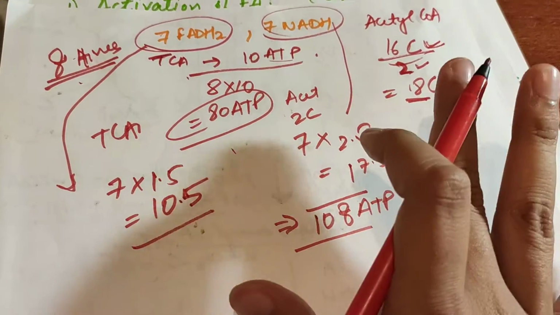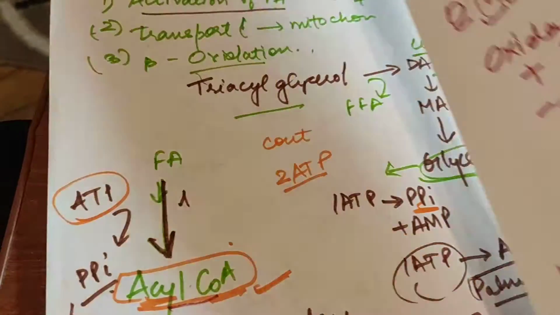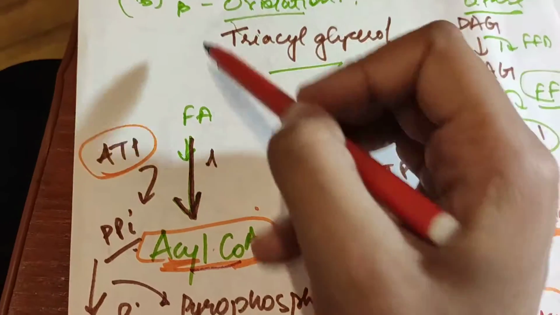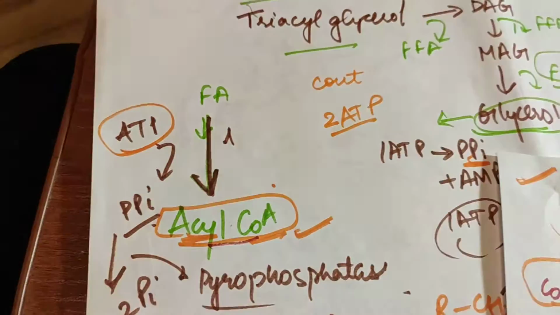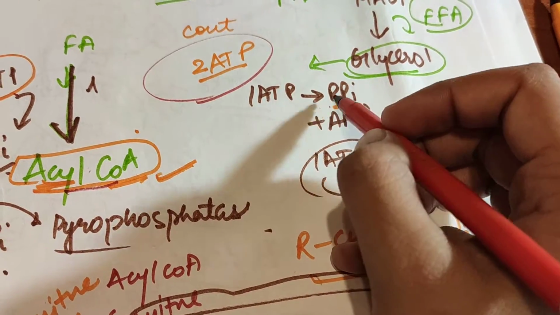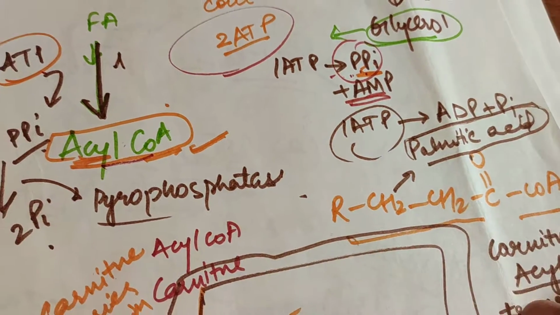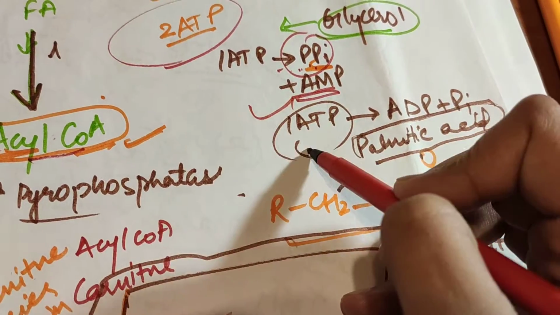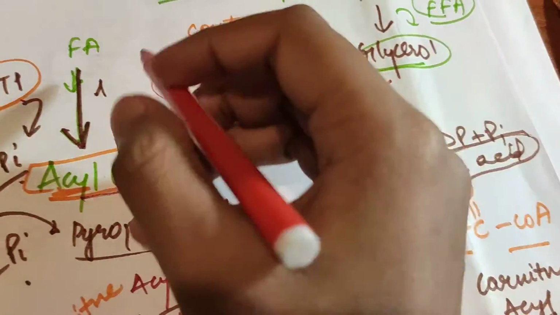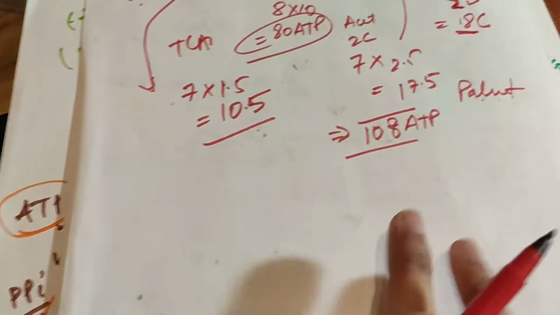But this is not the net ATP we are getting from palmitic acid, because as I have discussed, in the activation of fatty acids we have used ATP. But I have told you that we will consider 2 ATP, because 2 pyrophosphates are used and AMP is formed. It is not like 1 ATP is used and ADP is formed. Two phosphates are used, so we will consider 2 ATP, because we are basically calculating the phosphate amount.